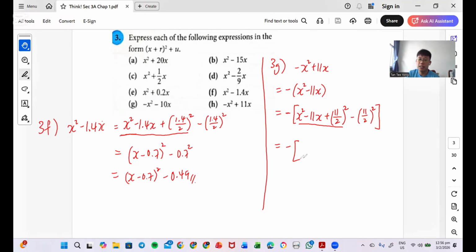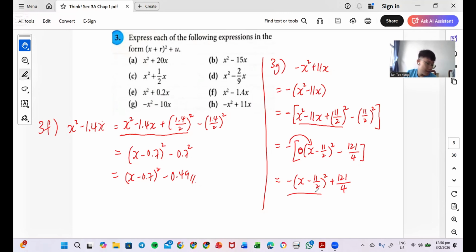So equals negative square bracket x minus 11 over 2 square, right? Then this is minus 121 over 4. Okay, then now I need to bring in the negative. So negative bracket, right? x minus 11 over 2 square plus 121 over 4. Take note, this negative cannot go into the bracket. Okay, you only can put it outside here.